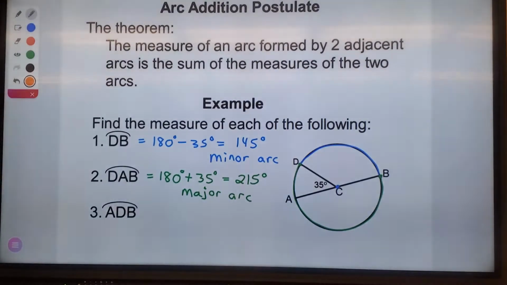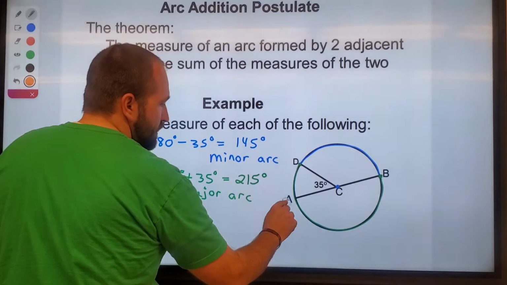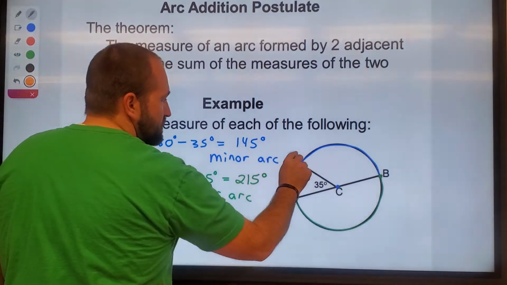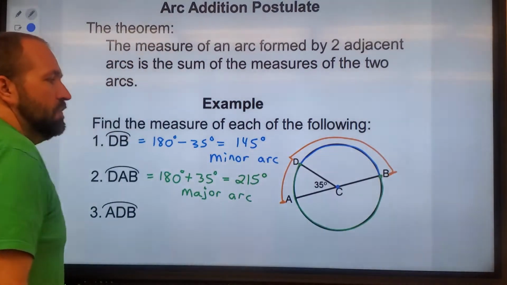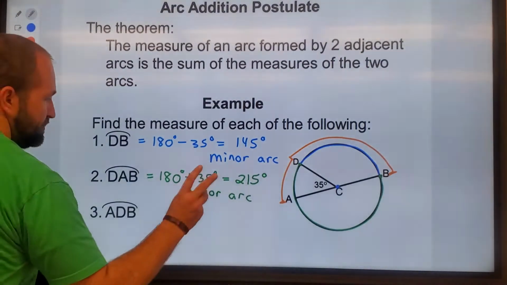Okay, and for the last one on this page, ADB. Again, I'm going to change the color here, so now I'm going to overlap. I'm going to go from A up to D, and then continue on to B. I went on the outside here so that we can continue to see those different colors. So from A to D to B, you'll notice is actually that full half of the circle. So we have two options here.